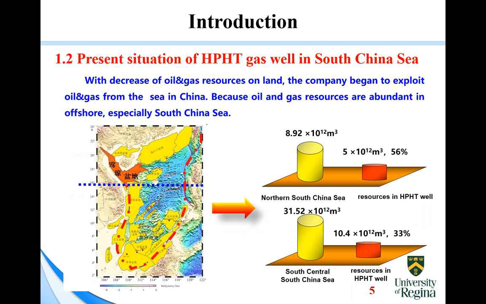We can see this picture of the South China Sea. There is more and more gas resource in HPHT wells. The northwest South China Sea holds about 56% of the total resource in HPHT gas wells, and the south central South China Sea holds about 33% of the total.